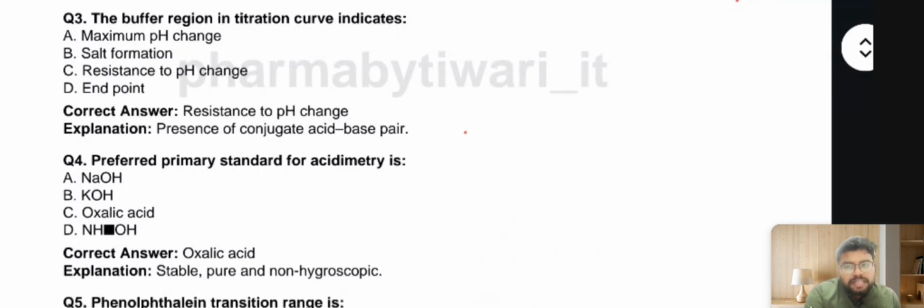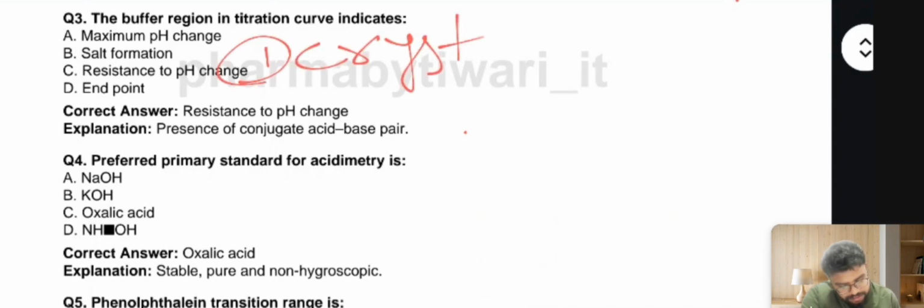Now we discuss the indicators used in acidimetric and alkalimetry titration. First one is crystal violet.